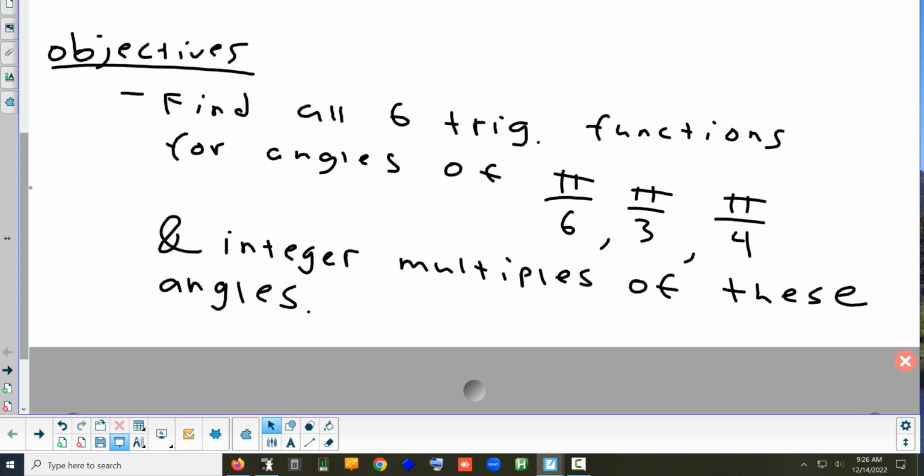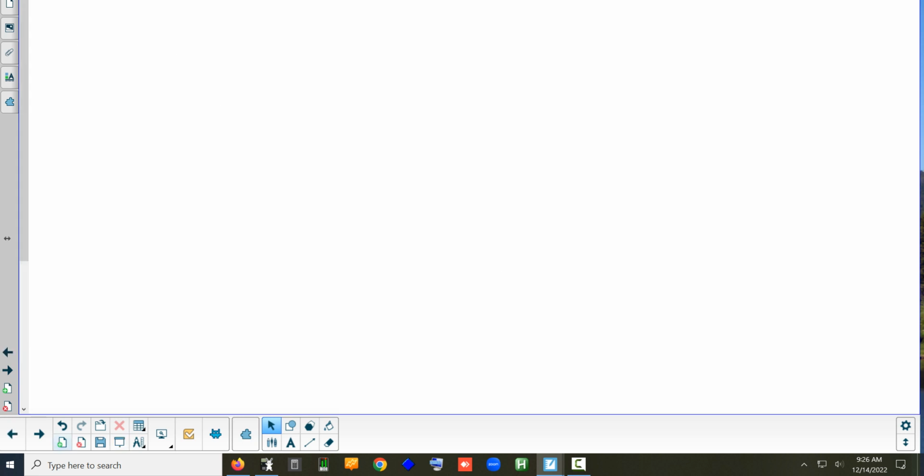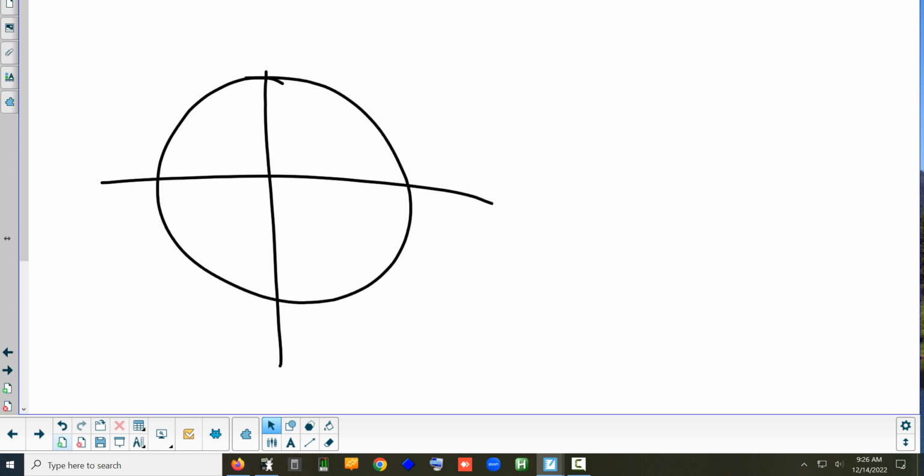So the whole focus again is on figuring out coordinates. We need to first talk about a 30, 60, 90 right triangle and a 45, 45, 90 right triangle, because a triangle is how you figure out the coordinate when it's not on an axis. Let me show you. Here's your circle. Here's a point. Let's say you want to figure out the coordinates of that point.